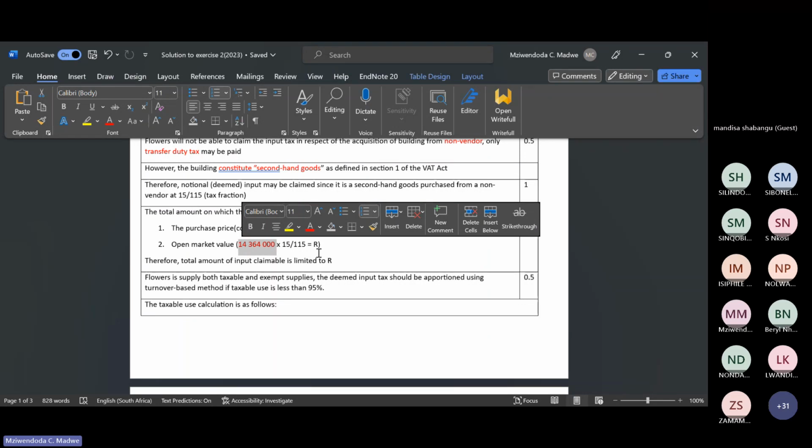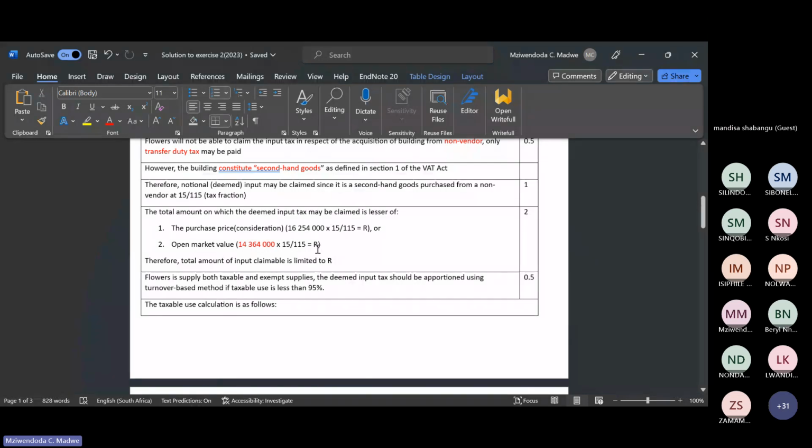In our case, we have 16 million and we have 14 million. So in terms of paragraph B, we must use 14 million since it's the lesser amount. What is the final product if you take 14,364 times 15 divided by 115?